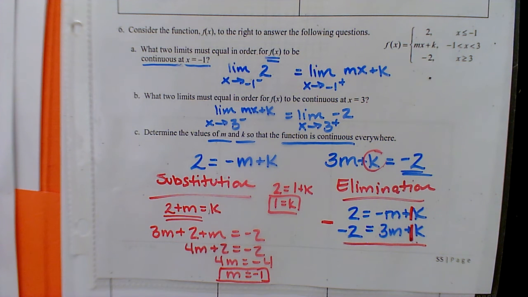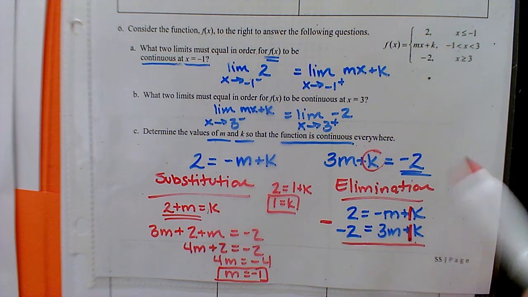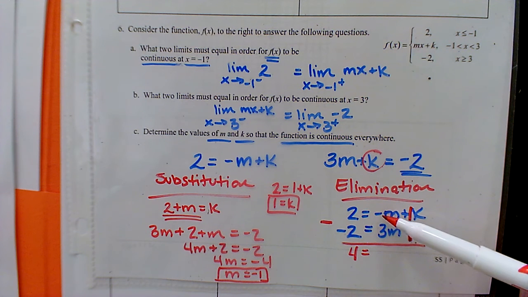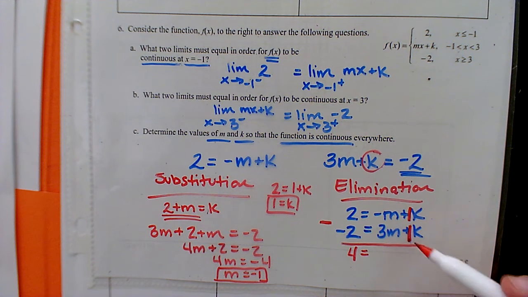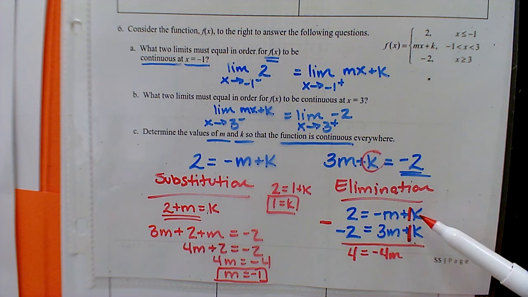So we subtract these 2 equations. Working through, 2 minus negative 2 would be 4. Negative 1m minus 3 would be a negative 4m. And 1k minus another 1k eliminates that variable.